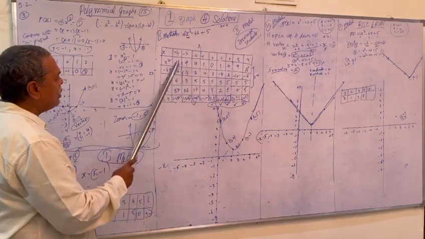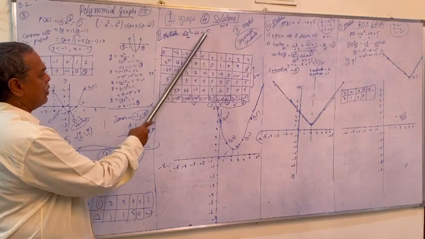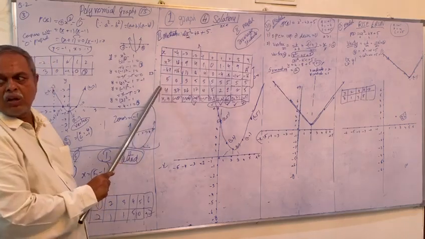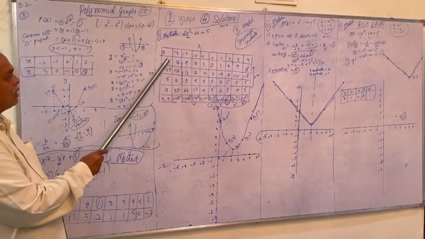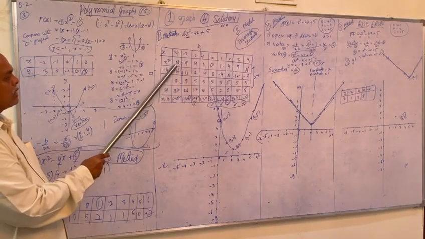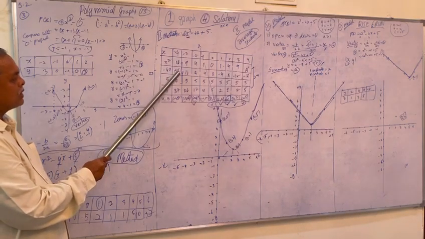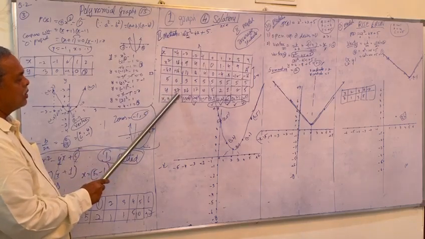You will have to add this: x square minus 4x plus 5. That is this equation. It becomes x square 16, minus 4x plus 16, plus 5. Then we got y is equal to 37.